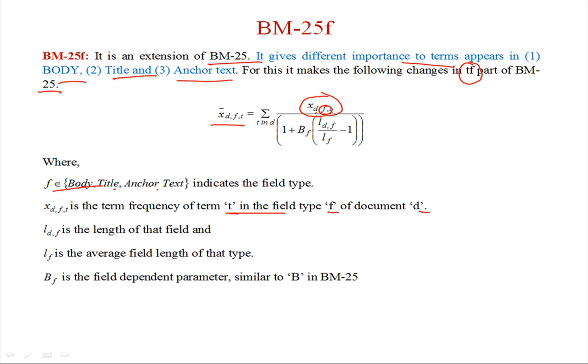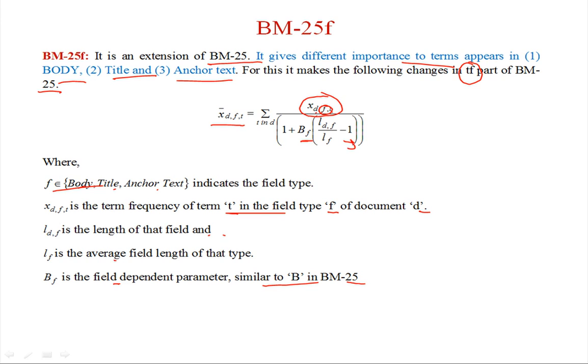And B_f is the field-dependent parameter similar to b in BM25, and l_df is the length of that field, meaning the length of that title, etc. l_f is the average length of that field type, the average length of all titles, minus 1.